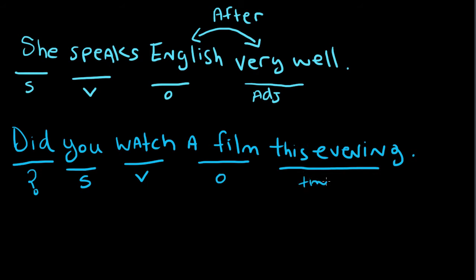So it's a time reference. So if you make a question, it has to be the question word first, then the subject and the verb and the object. And this evening tells us when the action happened. It tells us when, but it needs to be at the end of the sentence.